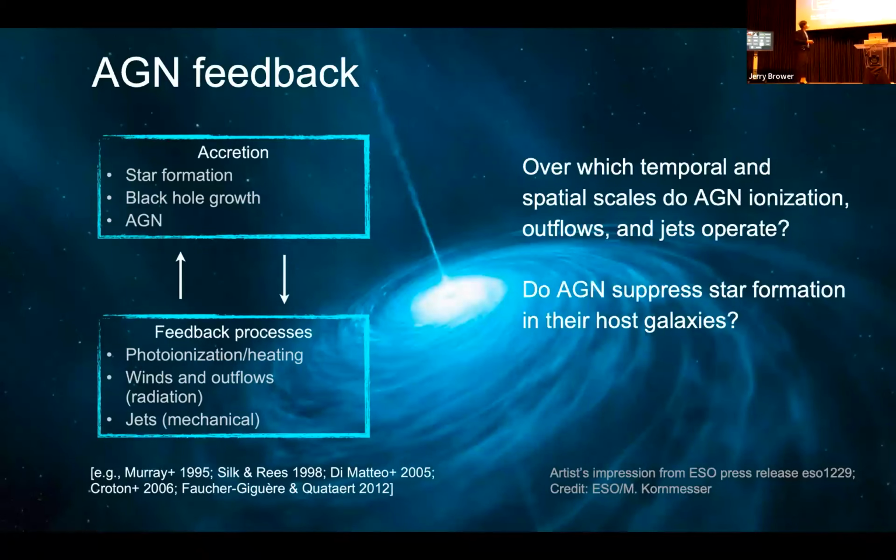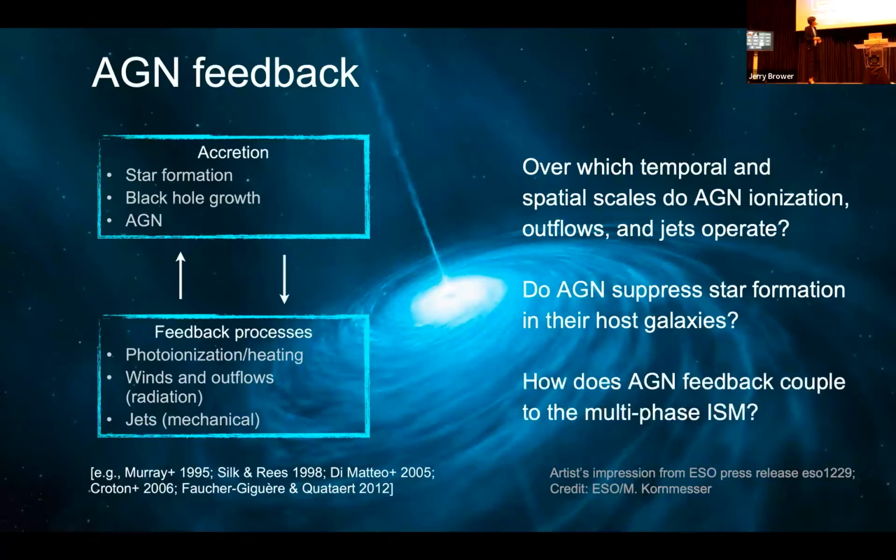Second question is, do AGN suppress star formation in the host galaxies, which has been suggested theoretically, but it's still observationally quite controversial. And the final question is also, how does AGN feedback actually couple to the multi-phase gas in these galaxies? And particularly, just looking at a single gas phase has been shown to not be sufficient to fully understand the impact of AGN feedback on a host galaxy.